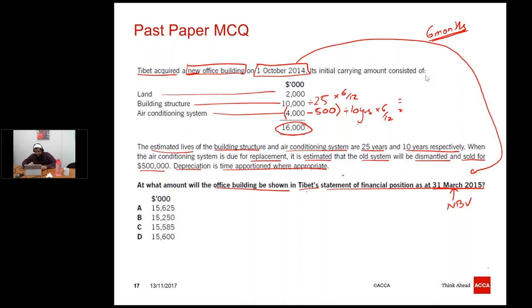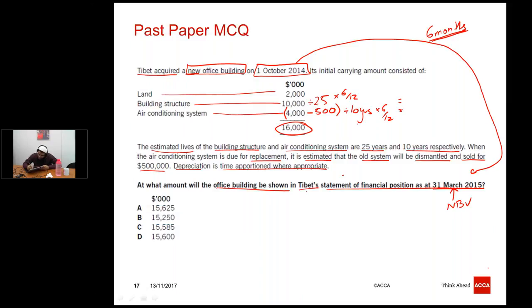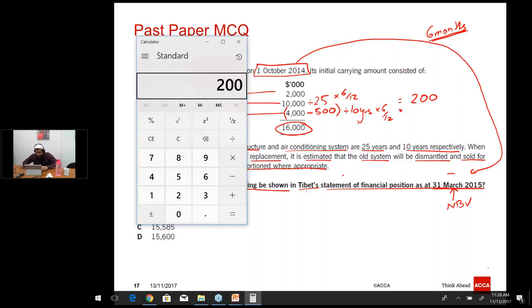So if I use the calculator, 10,000 divided by 25 years is 400, and 400 into 6 by 12 is 200. So the building is depreciated by 200. Now I'm calculating the depreciation of air conditioning. 4,000 minus 500, the depreciable amount, is 3,500 divided by 10 years.